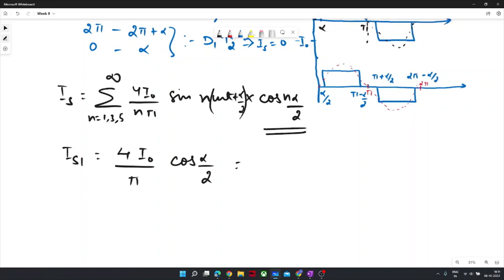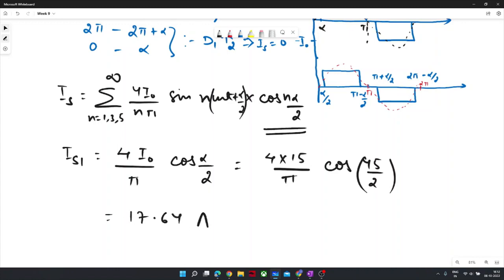So it will be equal to 4 into 15 by pi cos 45 by 2. After calculating this, it will come around 17.64 ampere.